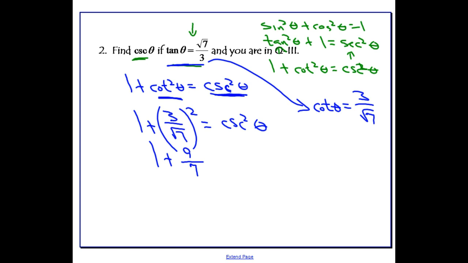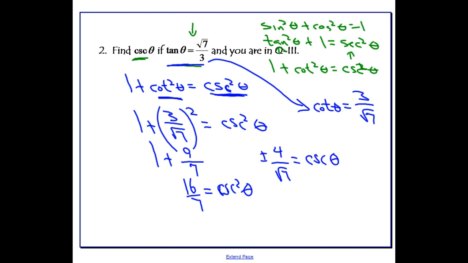So 1 plus 9 sevenths, that's 1 and 9 sevenths. Or if you make that improper, 16 sevenths equals the cosecant squared. I'll take the square root, and it turns out it looks like 4 over the square root of 7. That'd be a plus or minus, since I just took a square root.